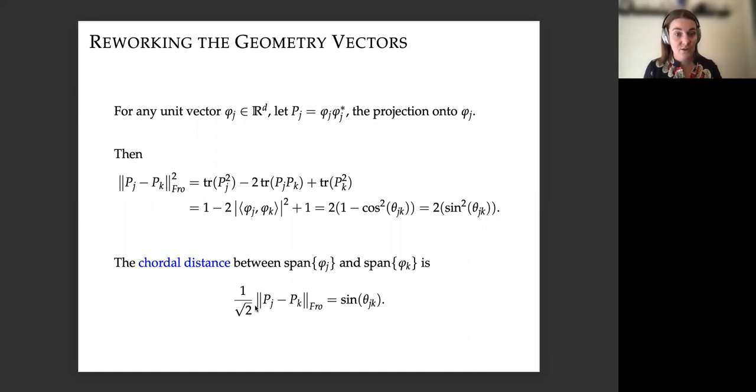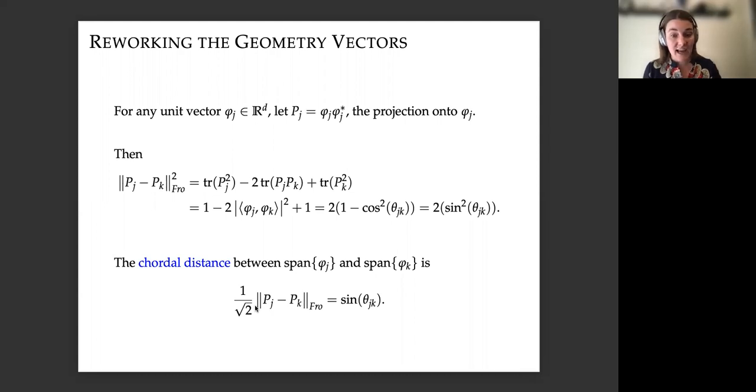We look at the square of the Frobenius norm of their difference. The Frobenius norm is just multiplying these things together and taking the trace. If you work this out, it becomes the trace of P_j squared, minus 2 times the trace of P_j times P_k, plus the trace of P_k squared.